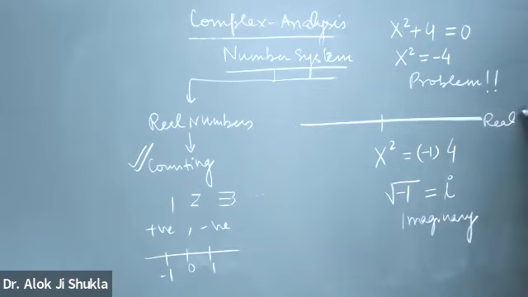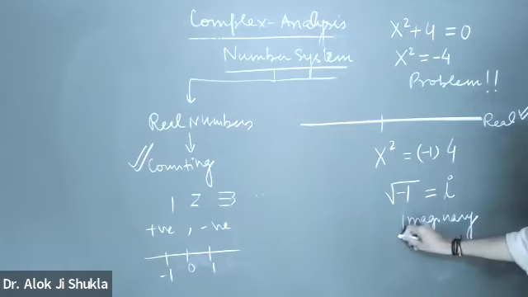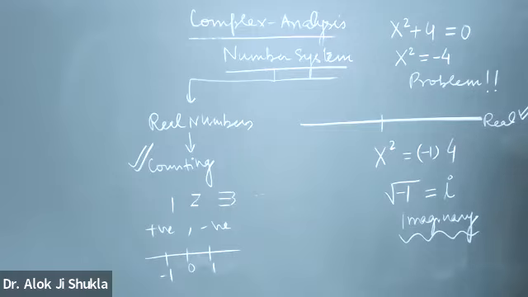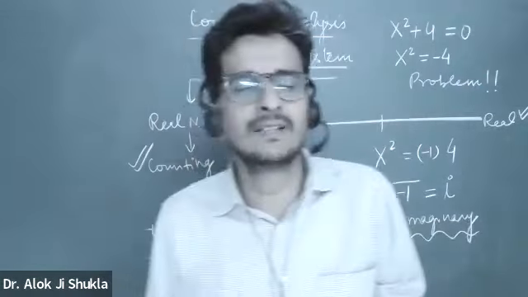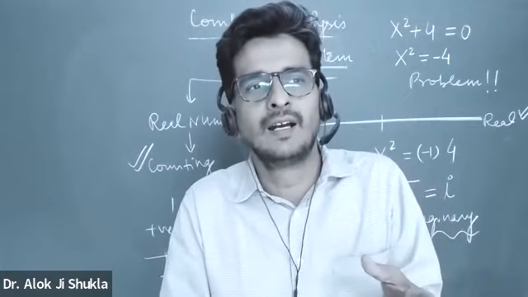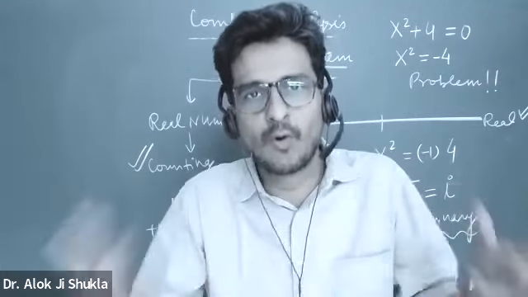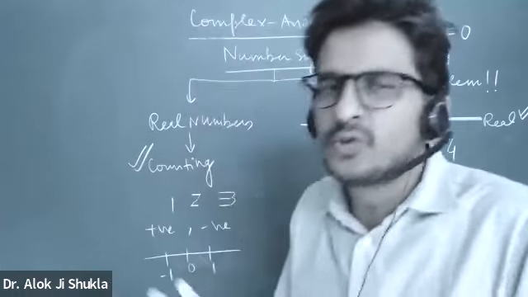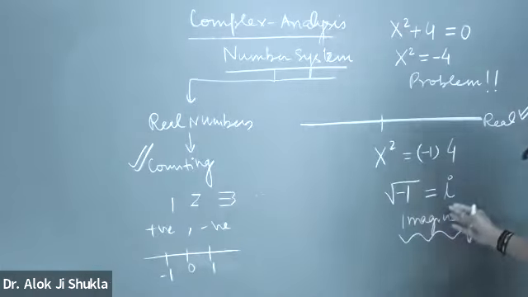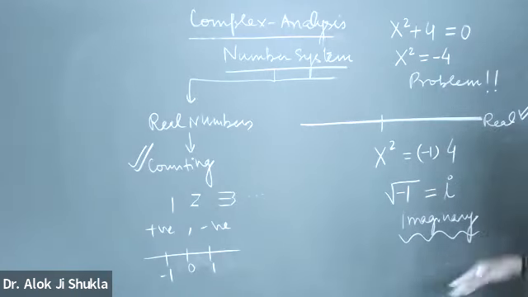Because these numbers were real numbers, English-wise they gave a bad name to this, imaginary, which many mathematicians later on don't agree with, because it gives a sense of something that does not exist, or some ghost, or something in the imagination. But it is nothing like that. This number just belongs to a different world. We will see later on.